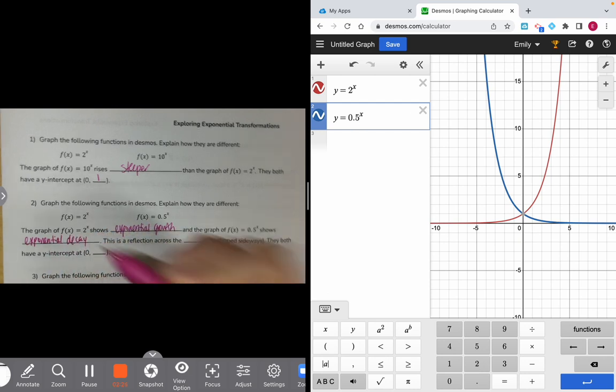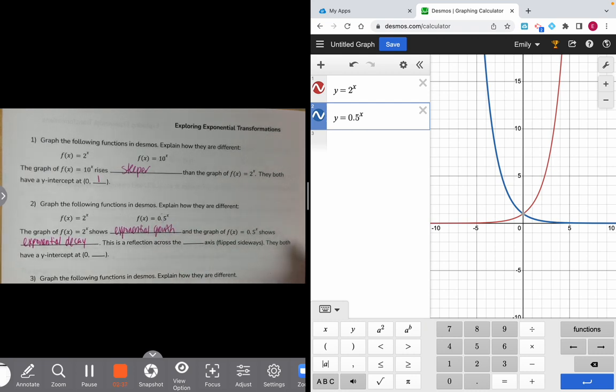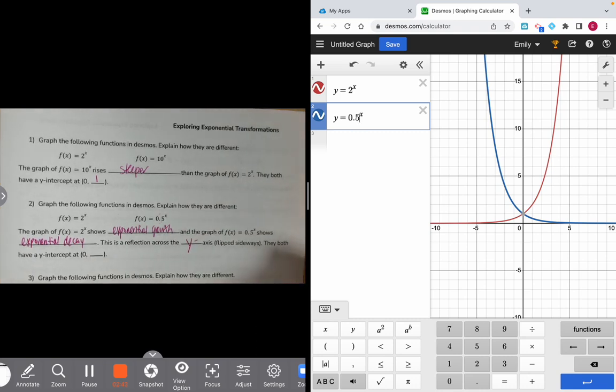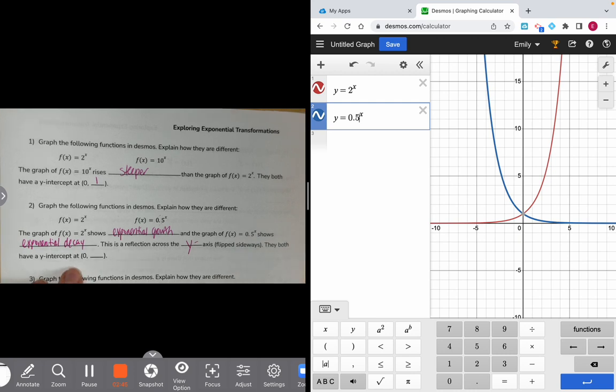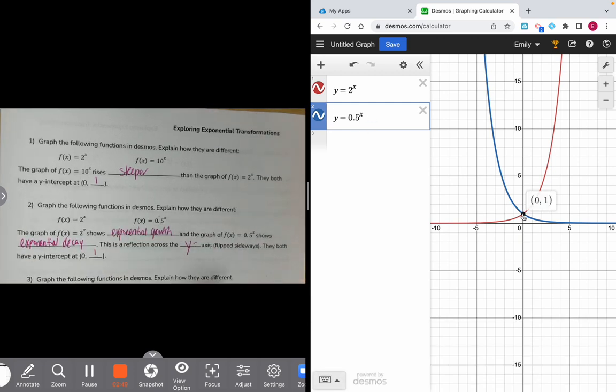We've already talked about those two terms. We've also talked about how this b value, when it's greater than 1, is growth, and when it's between 0 and 1, it's decay. This is a reflection across the y-axis, where it's been flipped sideways. Both again have the same y-intercept of 0, 1.